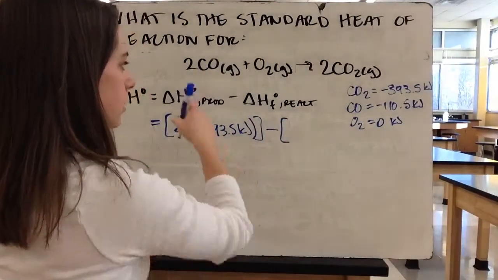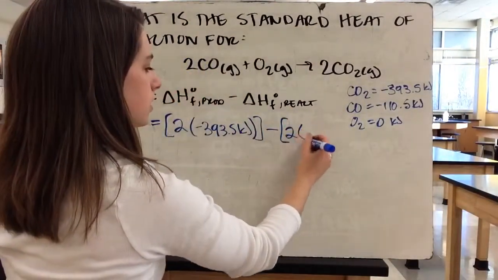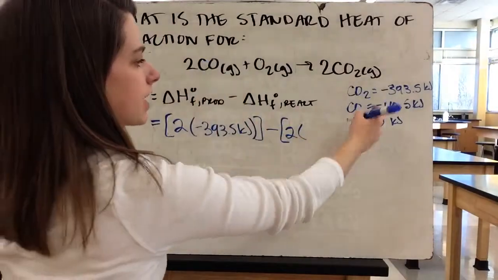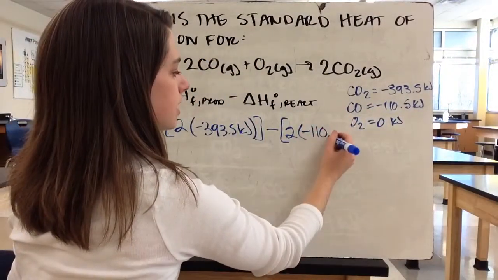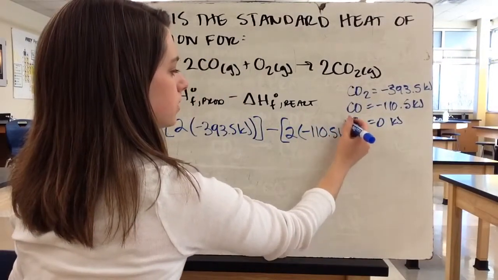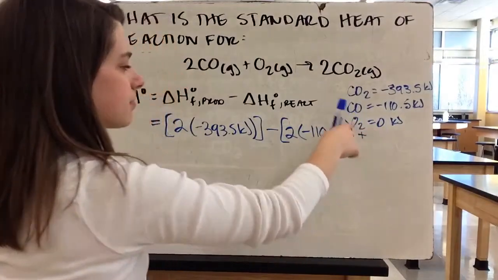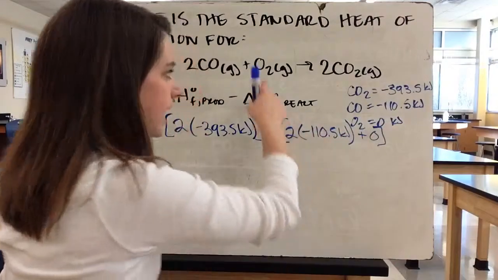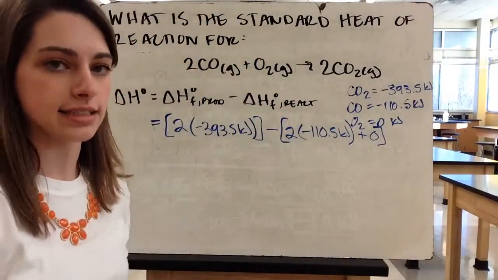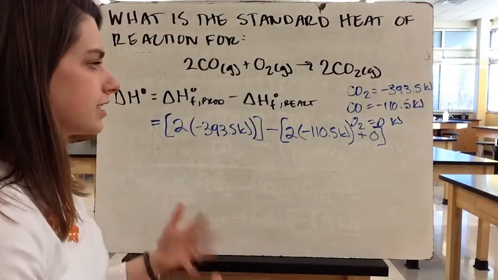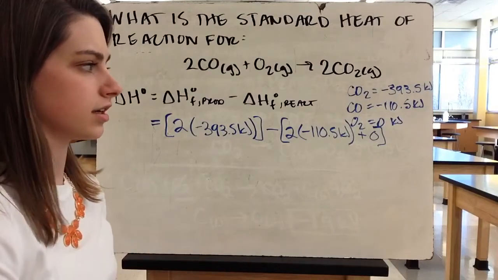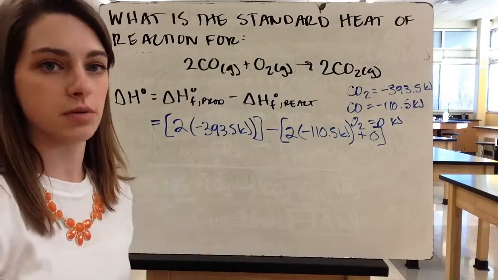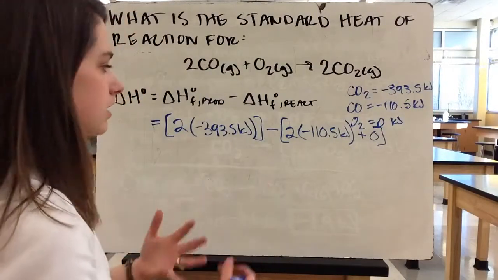I'm going to do the same thing: 2 times the heat of formation for carbon monoxide, which is negative 110.5 kilojoules. And then I'm going to add in my oxygen. Oxygen is 0. Any element, including the diatomics, so any diatomic gas or any element that's just on its own, has a heat of formation of 0. So that makes that easy.